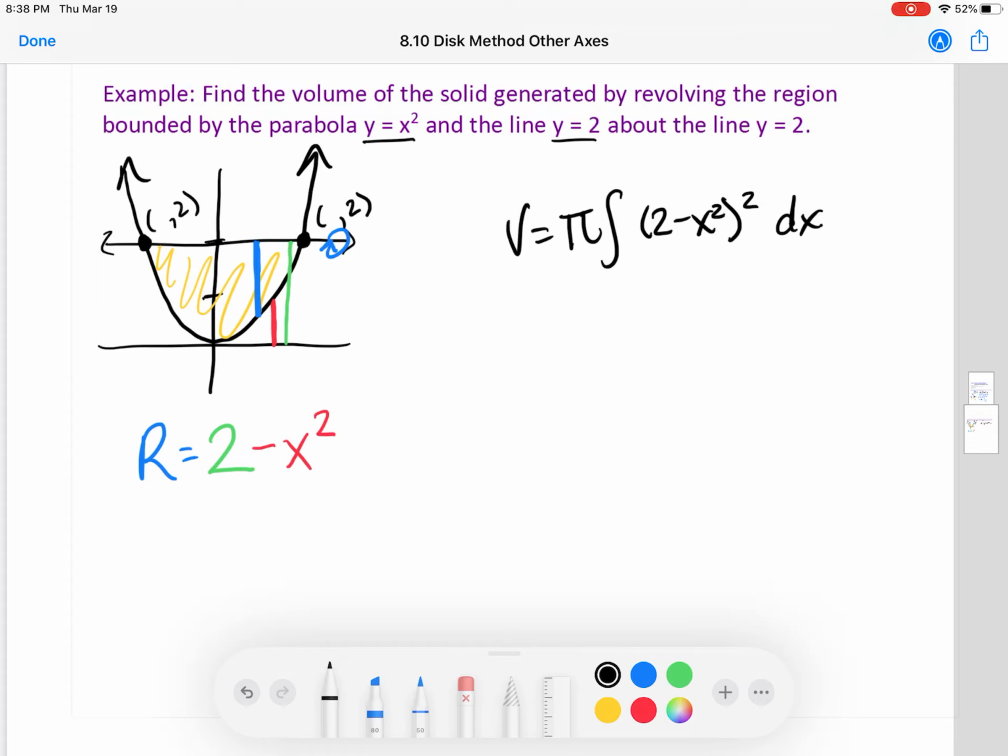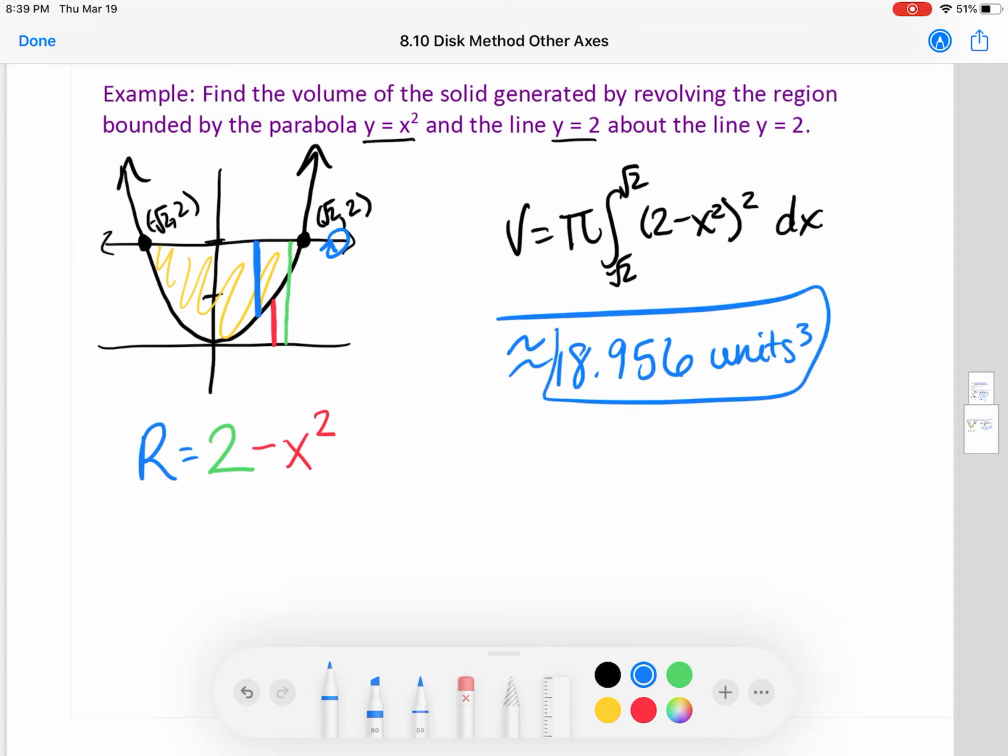So if y is 2, x has to be square root of 2 and negative square root of 2, with a little bit of simple algebra. So there's our integral. This one's totally doable by hand, but because of the radicals, it gets a little messy, so I typed all of that into my calculator and got an approximation of 18.956.